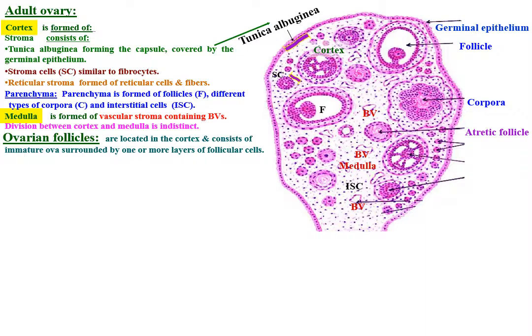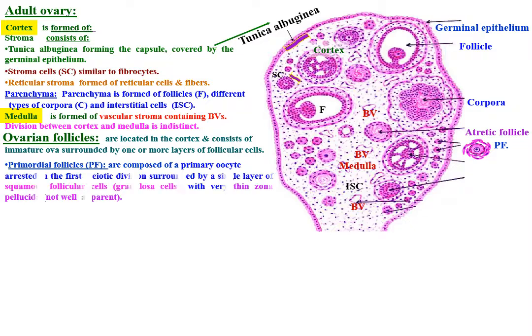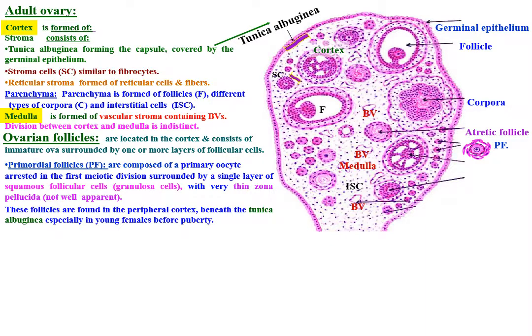Primordial follicles are composed of a primary oocyte arrested in the first meiotic division, surrounded by a single layer of squamous follicular cells, granulosa cells, with a very thin zona pellucida, not well apparent. They are found in the peripheral cortex, beneath the tunica albuginea, especially in young females before puberty.